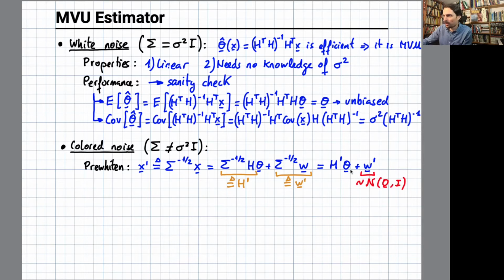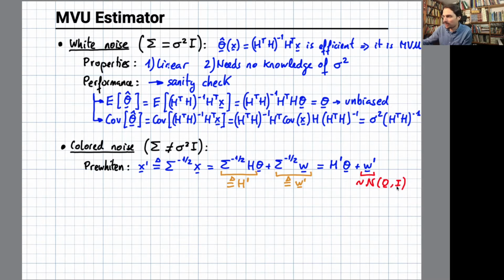Note that by the same property, the covariance of the noise will be sigma to the minus 1/2 times the covariance of W, which is sigma, times sigma to the minus 1/2. If we multiply these three matrices, we get the identity matrix. And therefore, this transformed noise W prime has this distribution here.